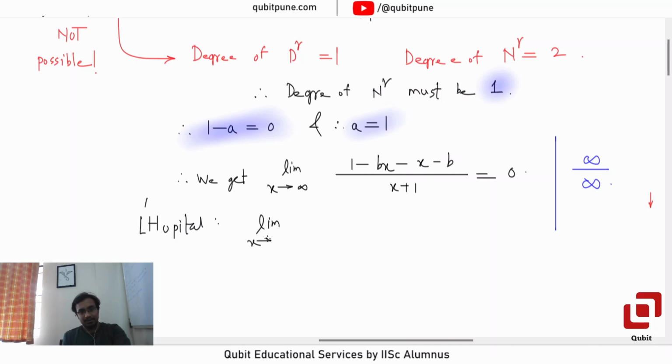The denominator is 1, and the numerator becomes 1 minus b. Don't write this b because it is a constant, so its derivative is 0. So what have we got? 1 minus b is 0, so b should be 1. We've got b as well.